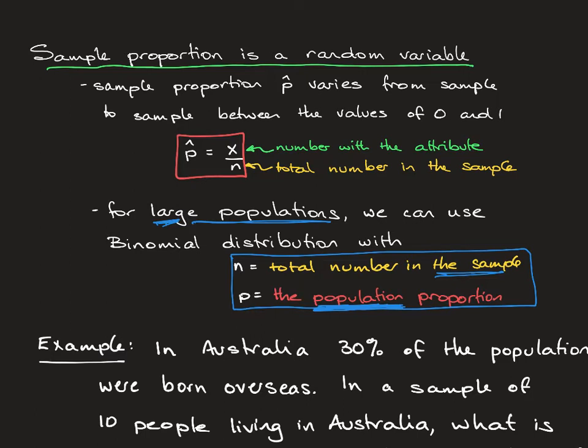Now, when I say large, we're talking about a size of a population where if you took 1 or 2 members out of the population, it doesn't really change very much the chance of another member of the population being chosen. So if you've got 100 people and you choose one person, when you go to choose your second person from that group, you're now out of 99.